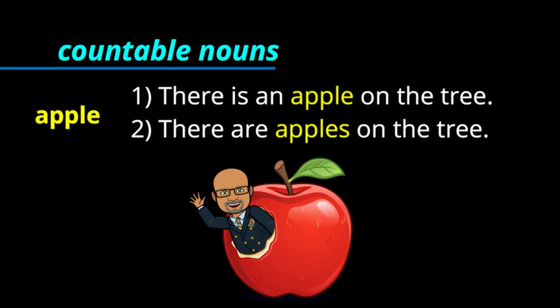We can count them, so we can add an S and say that there are apples on the tree. There are more than one apple on the tree. All right, so countable nouns, we can make them plural. In this particular case, I just added S to apple to make it plural, but other countable nouns have other ways to make them plural, which, again, look at my video on nouns if you're a little bit unsure right now.